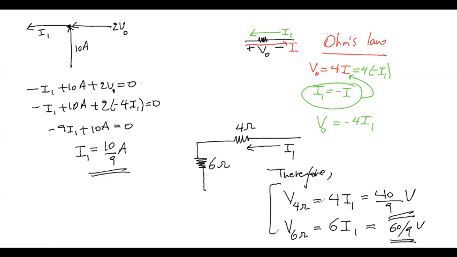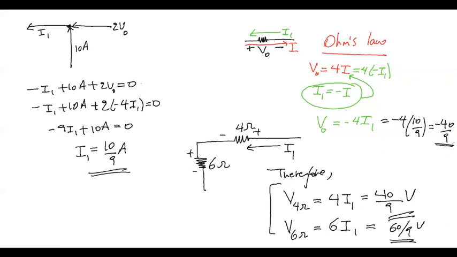So the true polarity for the voltage across the 4 and the 6 ohm resistors is plus minus. According to this, V naught is 4 times I1, which gives minus 40 over 9.